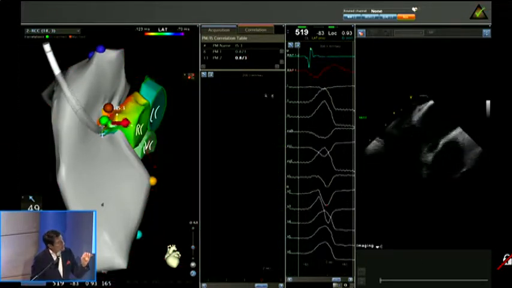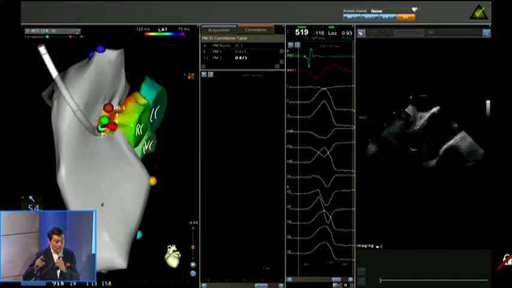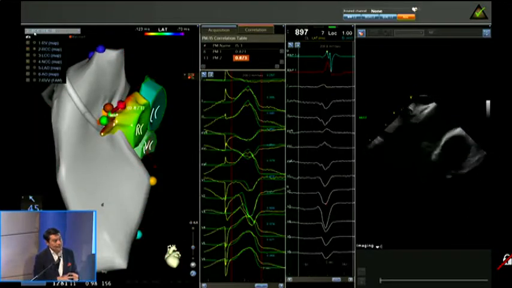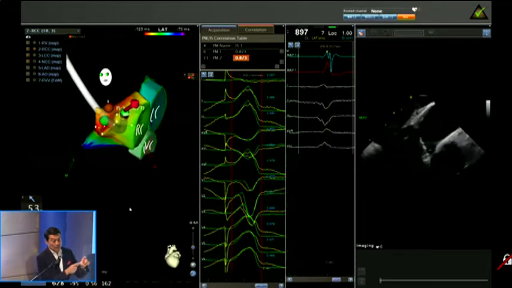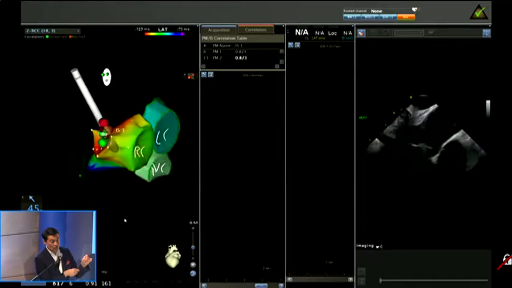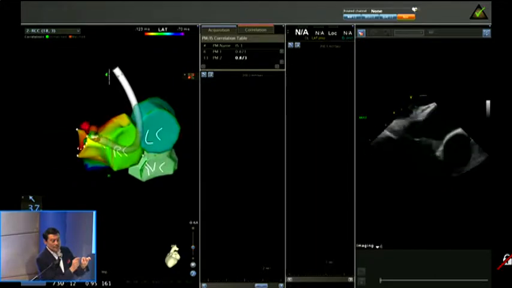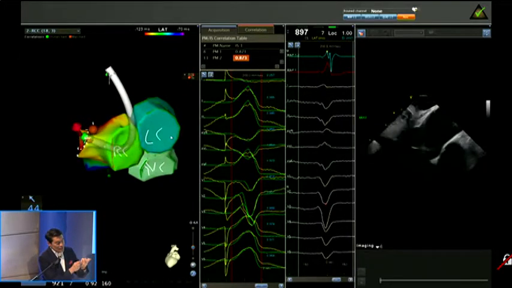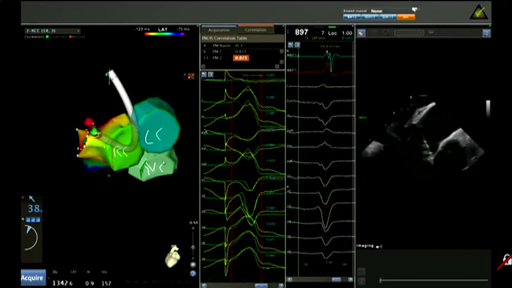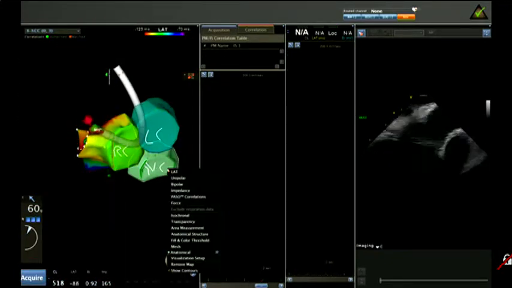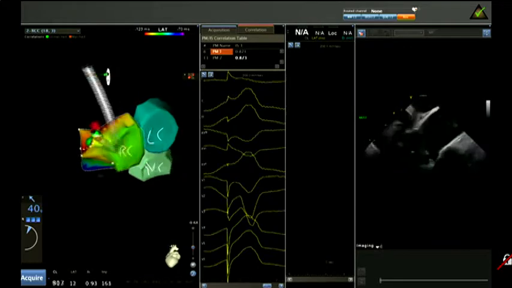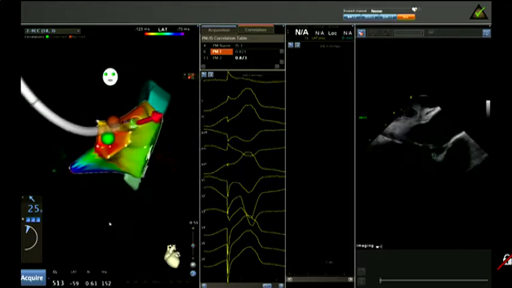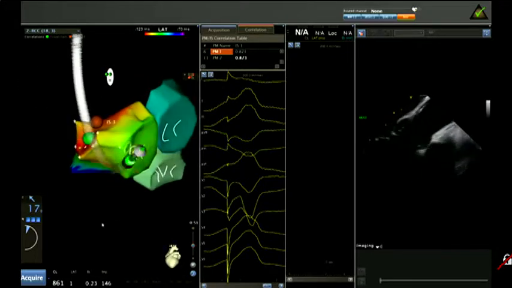We have to establish the specificity of activation mapping versus pacing. When you do an activation map, usually you have approximately 1 to 1.5 centimeters of zones or areas where all the records give you the same early activation time. That's the specificity.